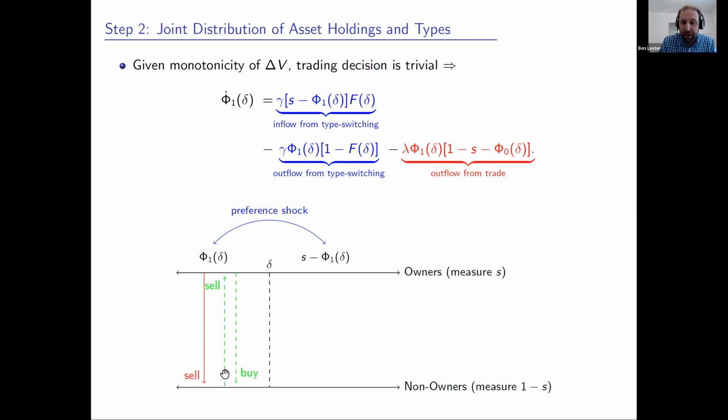And the reason for that is very simple: if anybody whose type is less than delta buys the asset, sorry, I think these buy and sell should be in different spots. If anyone buys the asset, they enter this set, but they necessarily bought the asset from someone whose delta is less than their own. So those two would offset each other. So you always have zero net inflow from those types of trades, okay?